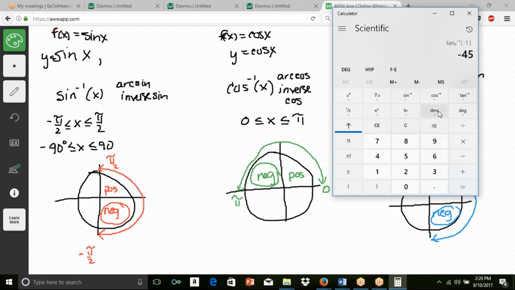And do I? Yep. What if I take, and I'm going to clear this, the square root of 3 divided by 2? So square root of 3 divided by 2. And then let's say I take arc cosine. Oop, that gives me a 30-degree angle. Why?